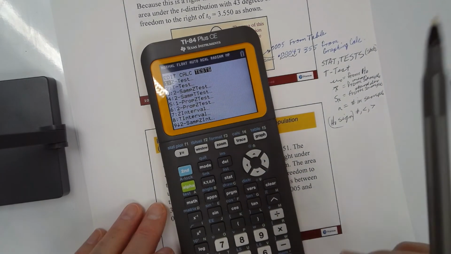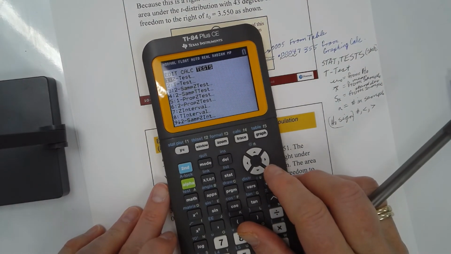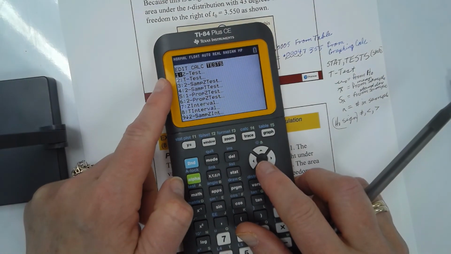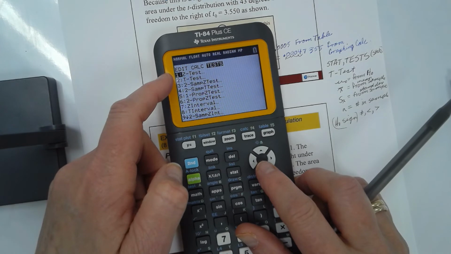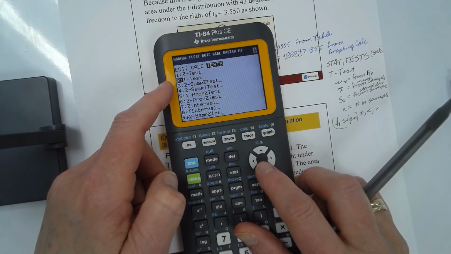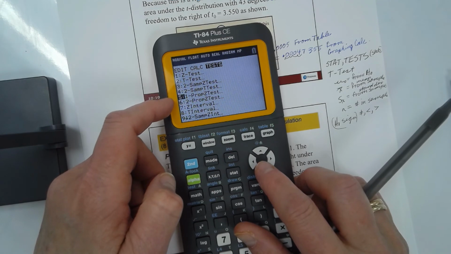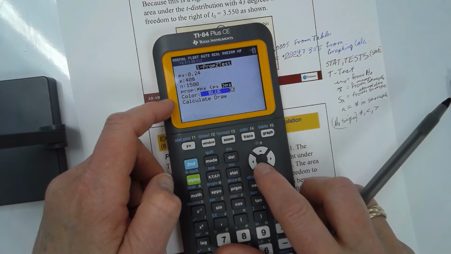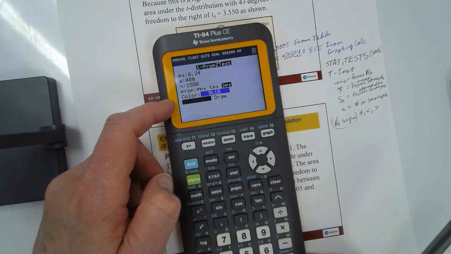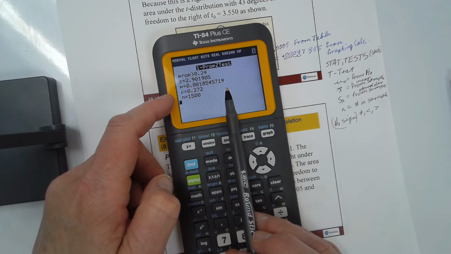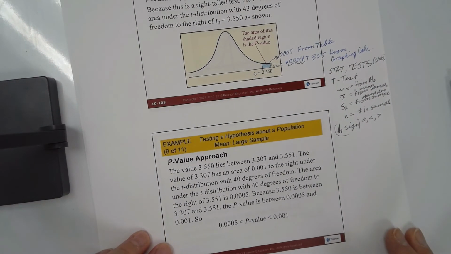You can use inverse t also, or inverse z to find those values. To do the p-value for proportions, you go to stat tests, then 1-PropZTest, and put in all your information, and that's going to give you the p-value. That's how you find the p-value for both of those.